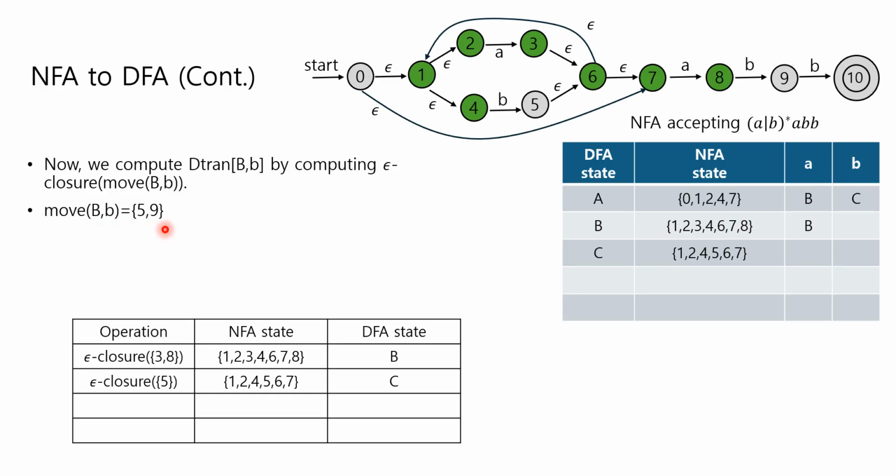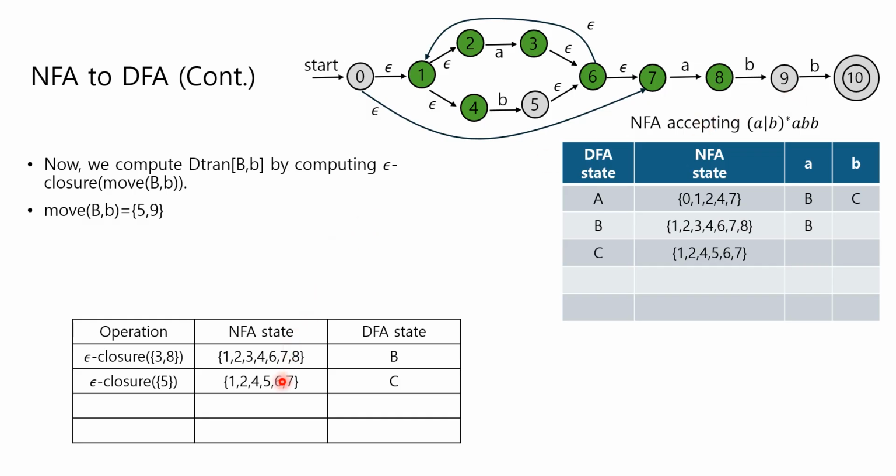Next we compute epsilon closure of 5, 9, and as we have already computed epsilon closure of 5, we add all these 1, 2, 4, 5, 6, 7 to the result set of epsilon closure of 5, 9. Then we compute the epsilon closure of 9, and state 9 is the only state reachable on epsilon transitions alone, by zero moves.